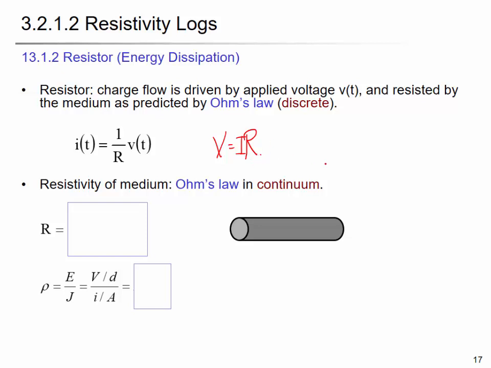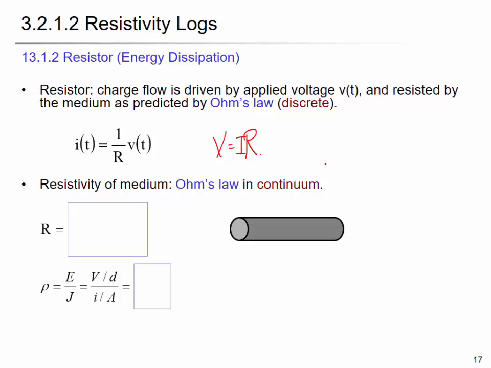Resistance is affected by the size of the material. For example, if you're measuring the electrical resistance of this table, if you measure the resistance from here to here, it will be less than when you measure it from here to here. Right?